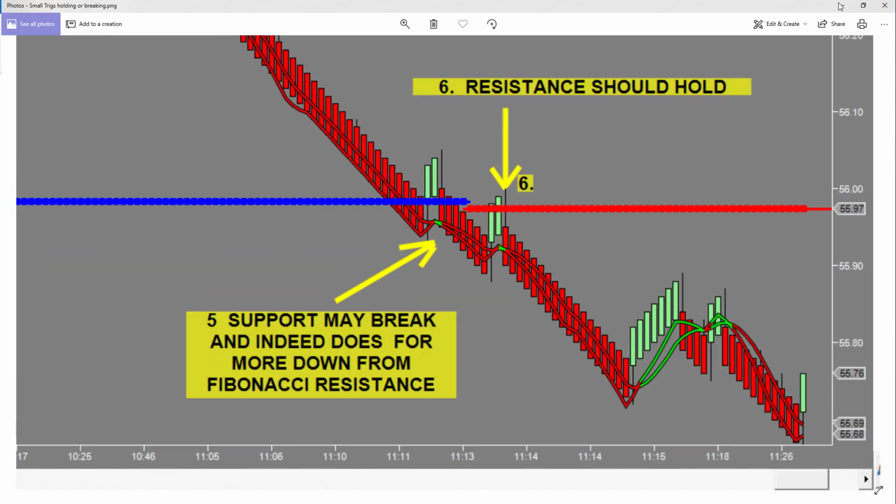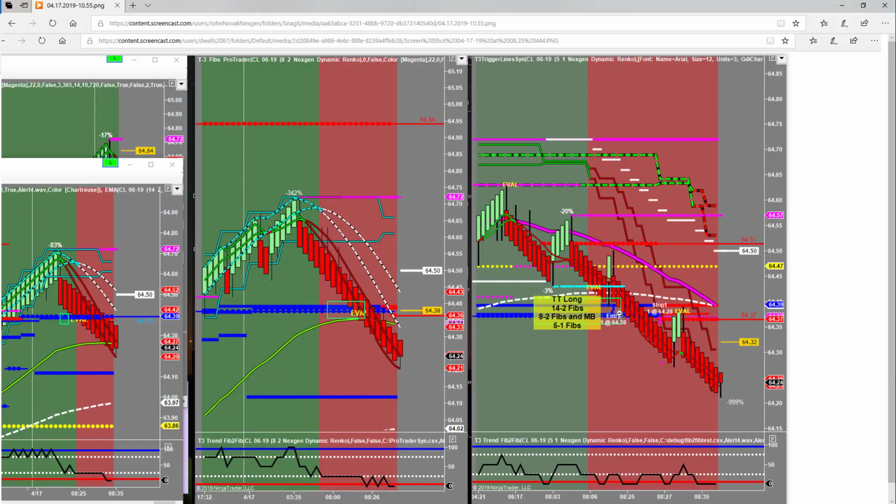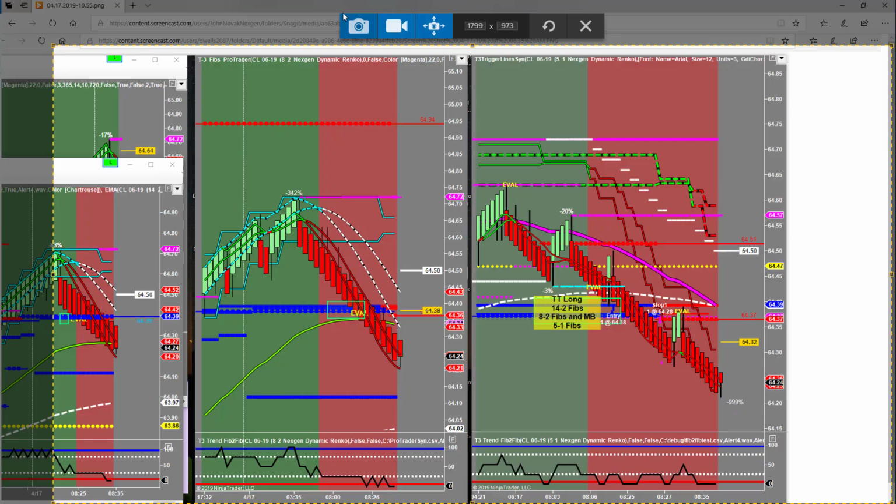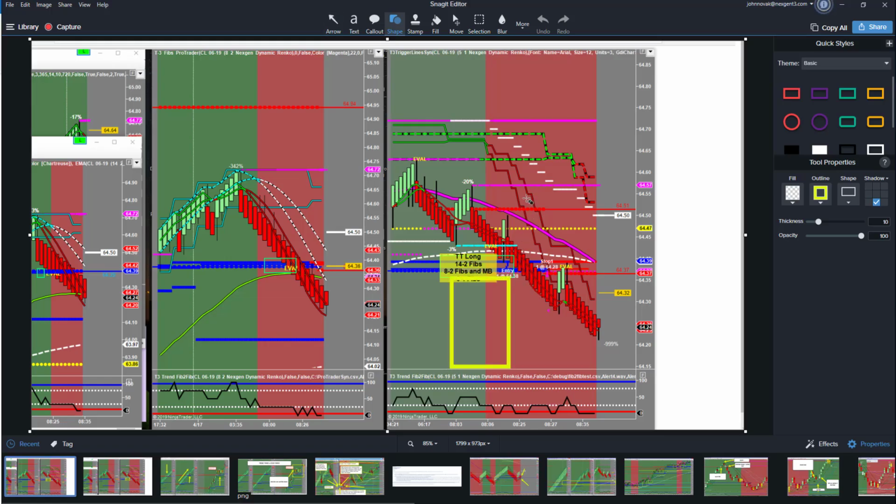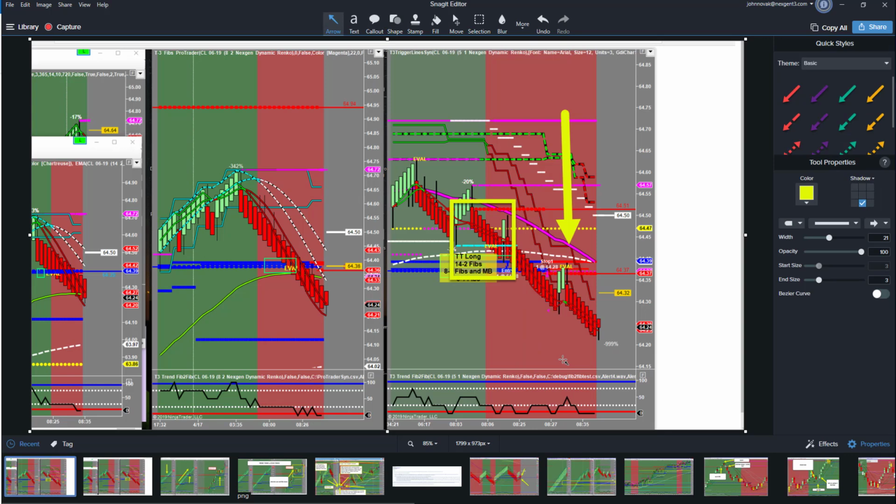So again, look, you can see when you make a mistake, not only did you get long into strong triggers, but because you had gone long and you were hoping that things were going to turn around for you, you got the double whammy. Not only did you take a long loss, again, look, this is how we learn. So not only did you take the long loss right here, you really missed the opportunity with every fib and trigger line right here that would have made you 20 ticks.